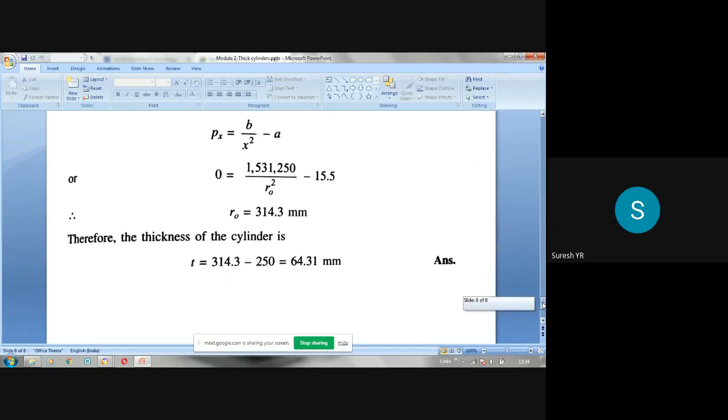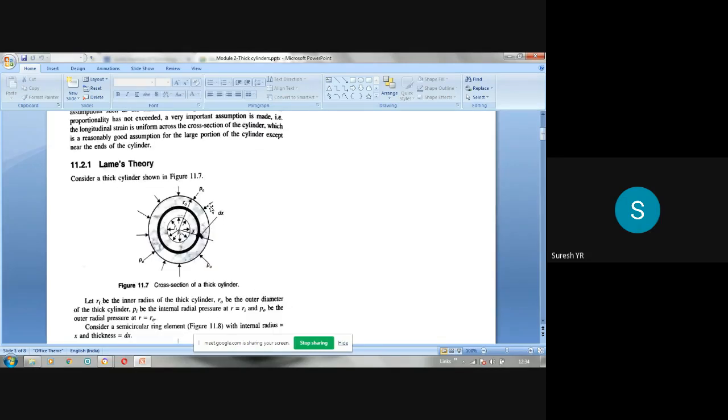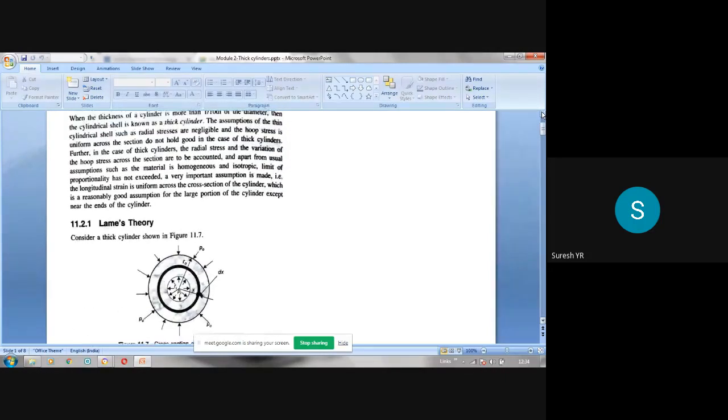So what I wanted to tell you is, once again I will just revise from the beginning. In the case of thick cylinders, you will be having, as usual, radial pressure and hoop stress. Radial pressure will act along the radius direction. Hoop stress acts in the circumferential direction.